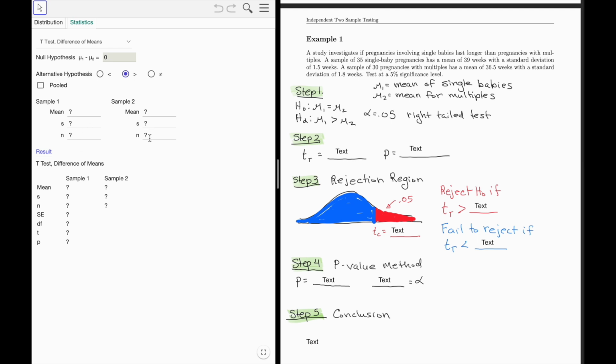Now, the first sample for the single babies, the sample size is 35, so I'm going to enter that in for N. The mean was 39 and the standard deviation was 1.5. For the second sample, we have a sample size of 30, standard deviation of 1.8, and a mean of 36.5.